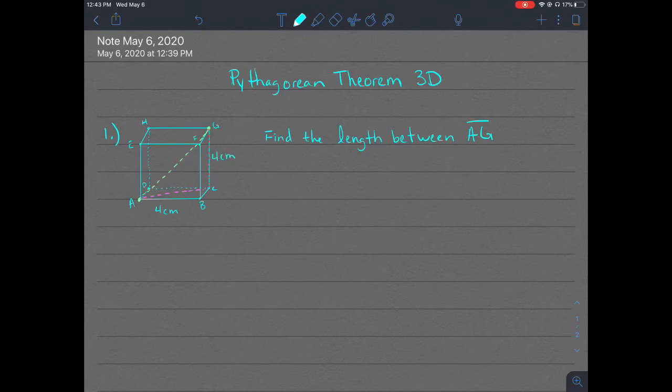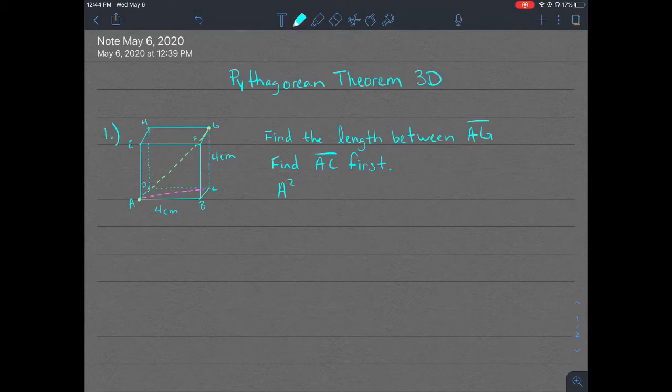The red one is 4 centimeters because remember, every single side length is 4 centimeters. Now we're going to use the Pythagorean theorem for this, because we need to find the pink length first. So find the pink length, which is AC, find the distance of AC first.